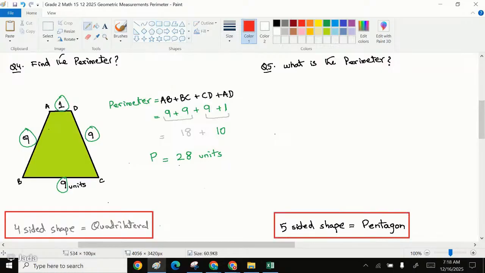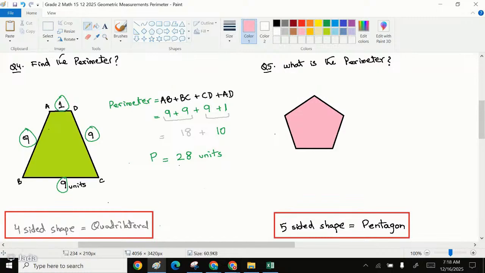Okay, let's draw the pentagon and let's see what happens over here. So if we have a pentagon, this is the shape we have. Okay, let's see what can be done with this shape.